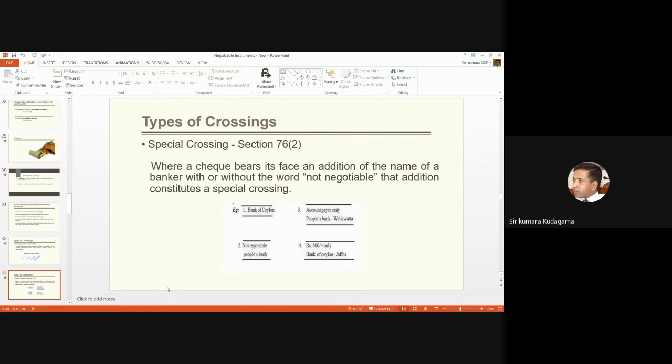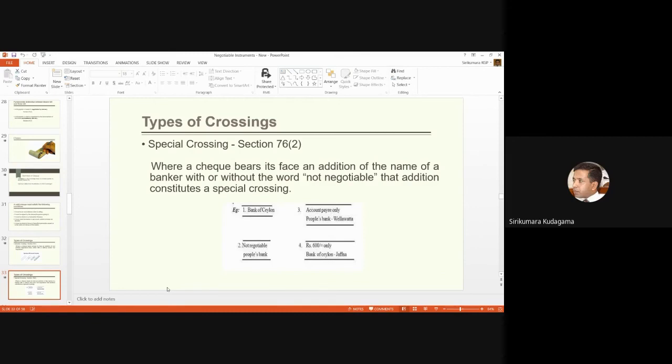You'll see number two, not negotiable. The words not negotiable are there. With them, there is the name of a bank, People's Bank. That again is a special crossing. Number three, account payee only, People's Bank, Wellawatte. Now, when you see an account payee only crossing, in general, it may not be a real crossing as well, but we never consider it as a special crossing.